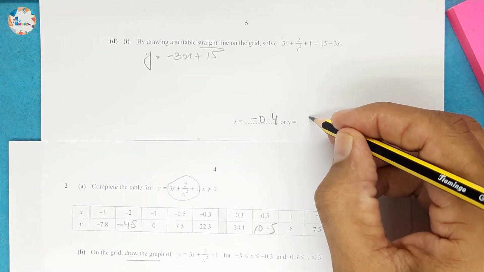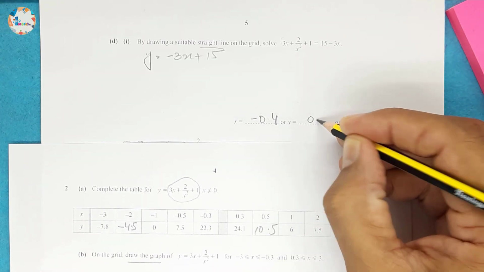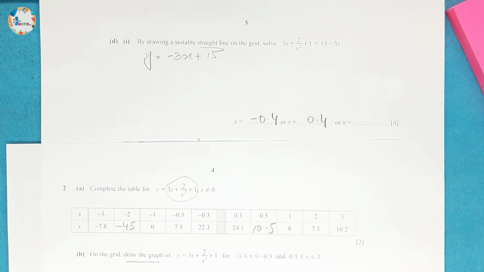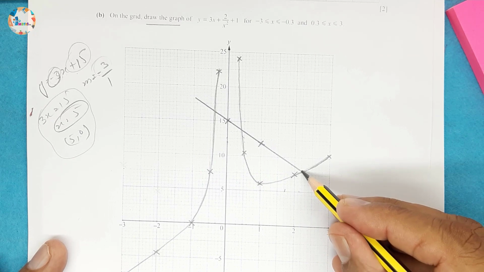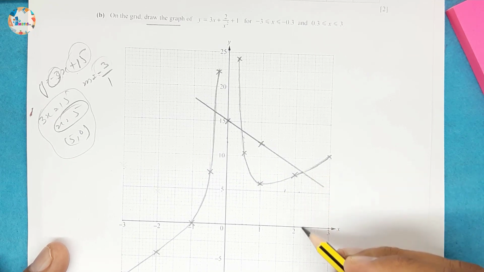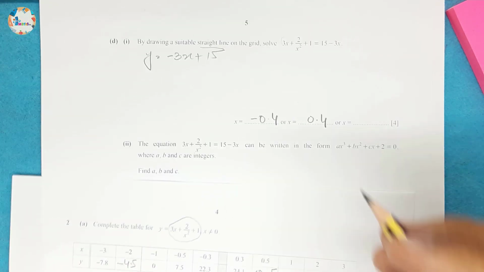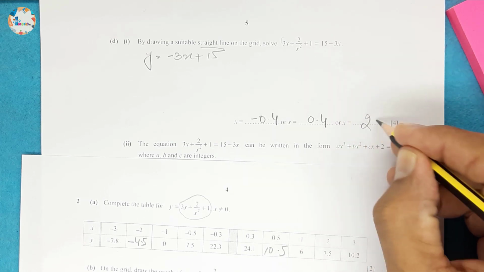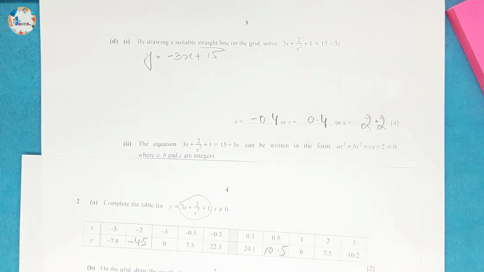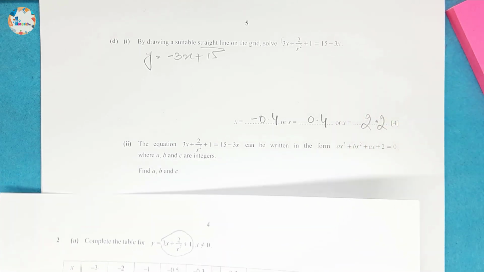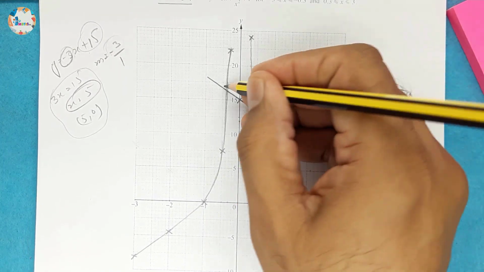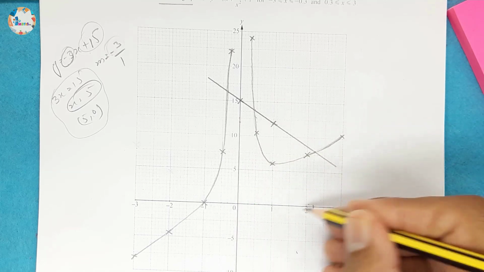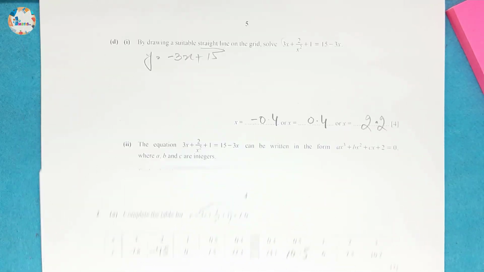So we can write 0.4, and the next third value will be 2.2. So basically up to this one will be 2.2. These are basically the 3 values which are like intersections, this point, and this point, which we have taken x values from the x-axis.